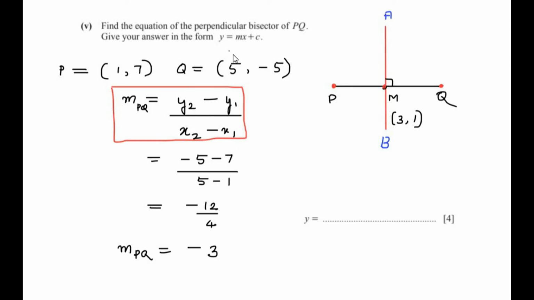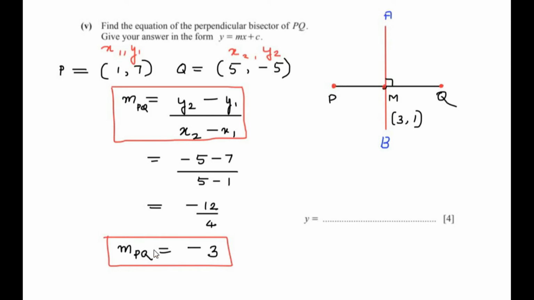Here I have considered x2 and y2 for Q and x1 and y1 for P. Substituting their respective values, y2 is negative 5 minus y1 which is 7, over x2 which is 5 minus x1 which is 1. So minus 5 minus 7 gives us negative 12, over 5 minus 1 gives us 4. So negative 12 over 4 gives us the gradient or slope of the line PQ as negative 3.